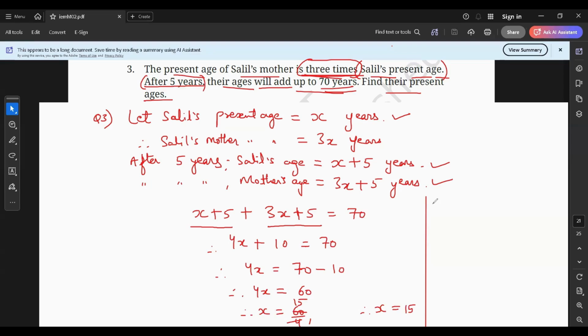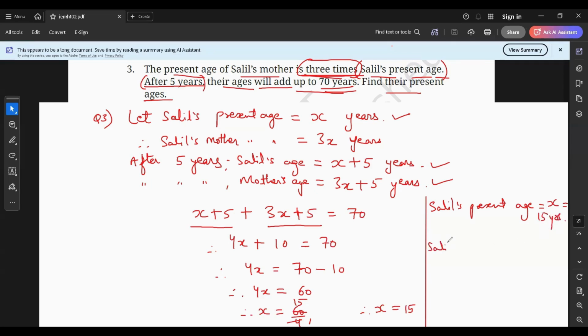So I will write Salil's present age is x, and x is 15 years.